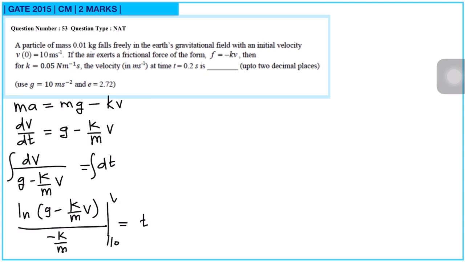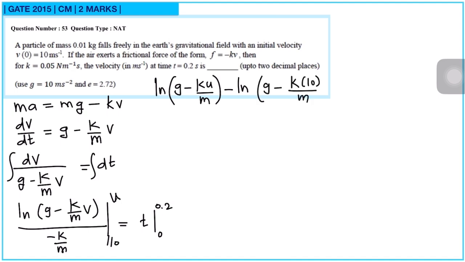Now initial velocity is 10 and final velocity is some value, let us take u here, and initial time is 0 and finally it is 0.2. So this will give us ln of g minus k u by m minus ln of g minus k times 10 by m, here we put the initial value which is 10, is equal to minus k by m into 0.2 minus 0, which is 0.2.